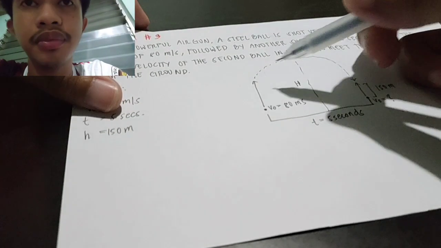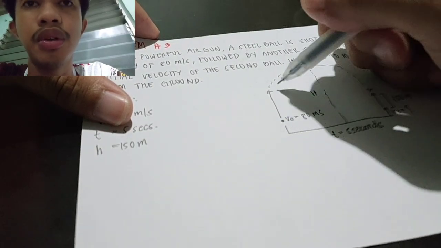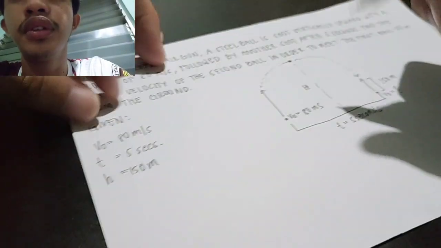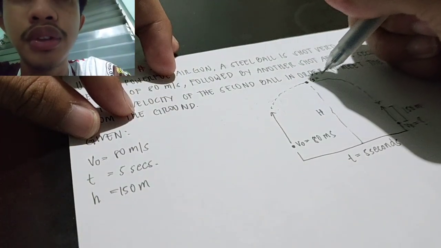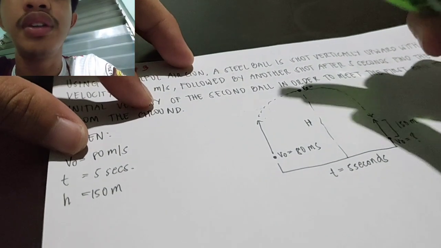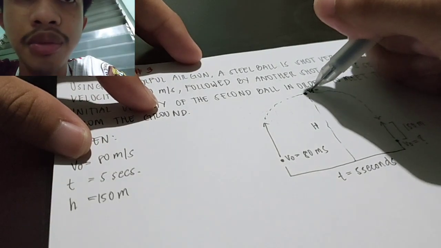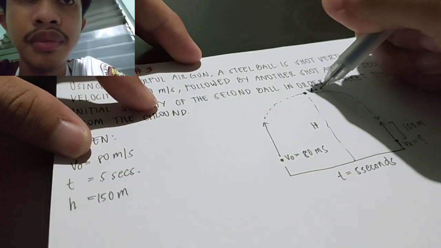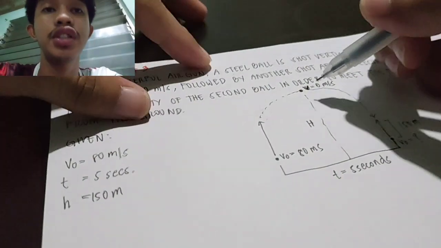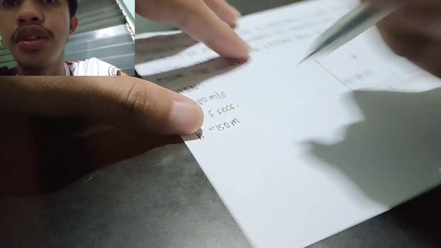First, we are going to solve the time it takes for the first ball to reach this point. At the highest point, V final is equal to 0, because it is the highest point the ball can go before it changes motion to a downward path. So we can solve for the time.